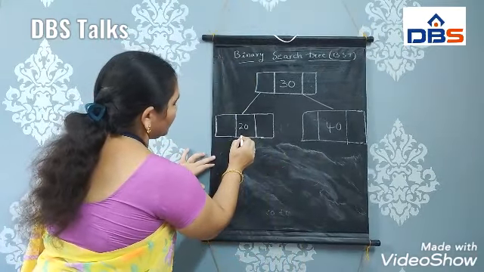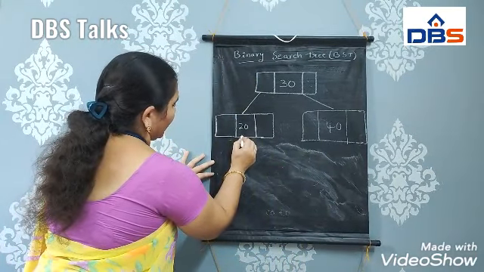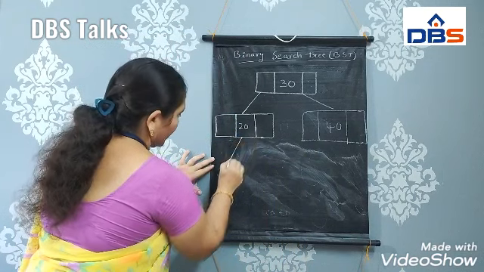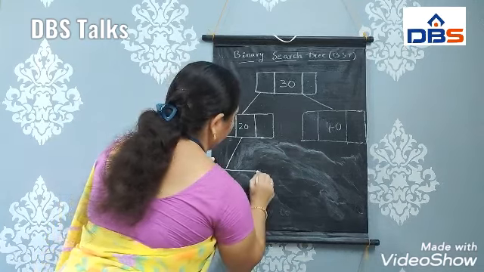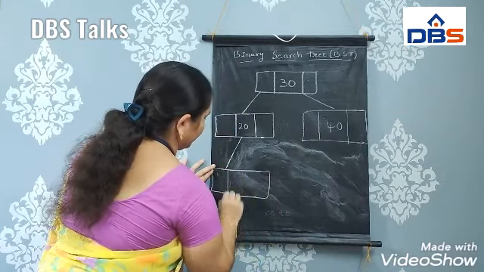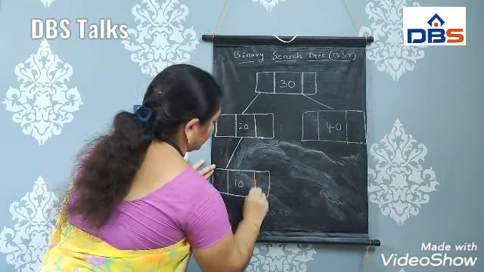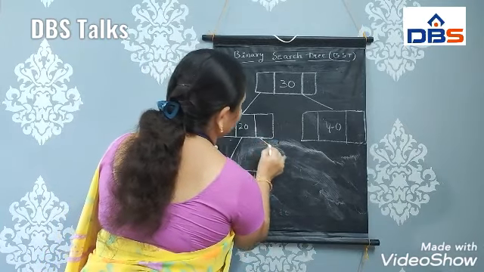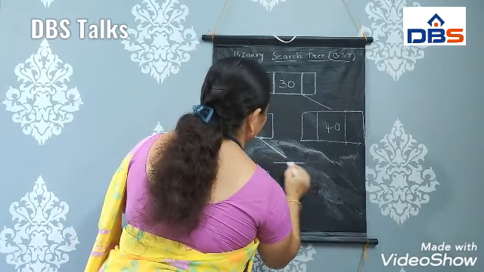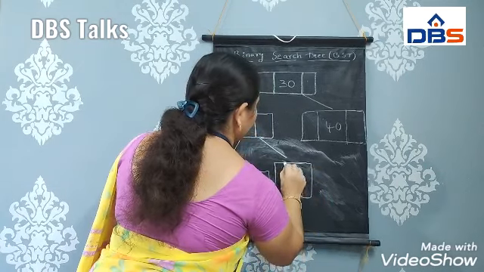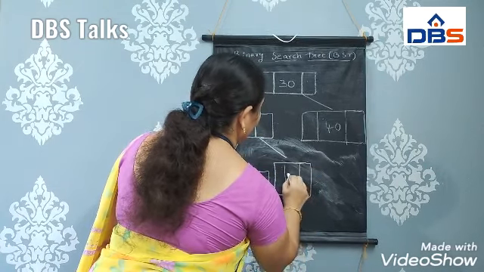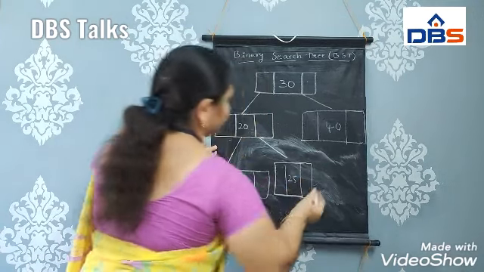Again, from this left child we have another node with the value 10, and also node 20 has another child with the value 25.